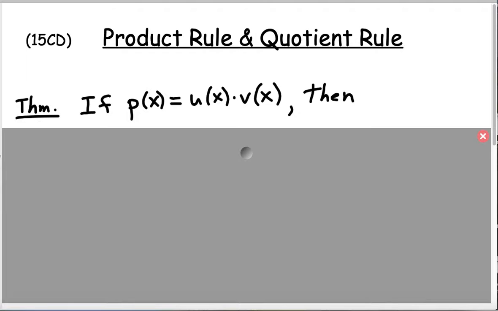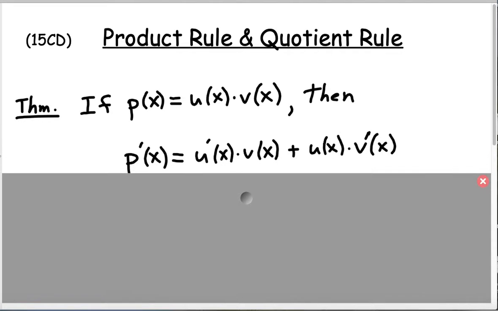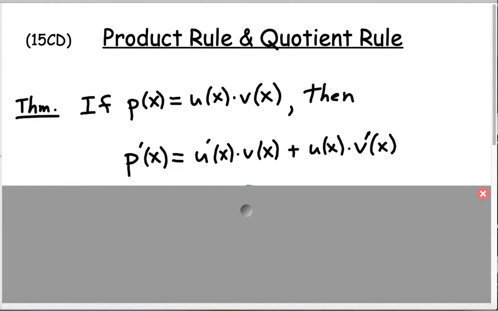If we have a function p of x which can be written as the product of two other functions, let's call them u of x and v of x, then p prime of x, or the derivative of p, is going to equal the derivative of the u function times v plus the u function times the derivative of the v function.